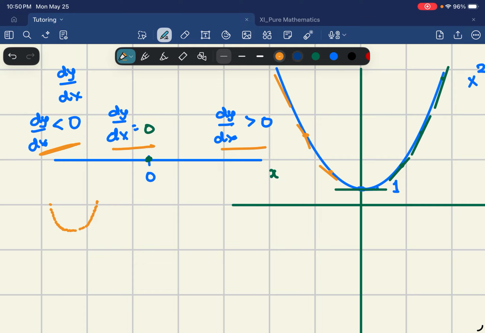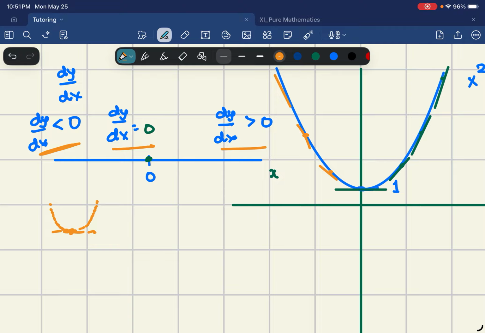So you just want to imagine drawing tangent lines to this shape, and you can see that this satisfies the information given here, right? It's decreasing, my f function is decreasing, and then the gradient becomes 0. So the tangent line has a 0 gradient here. Then it starts increasing. So my graph should look like this. So you can get an idea of how your graph looks like.